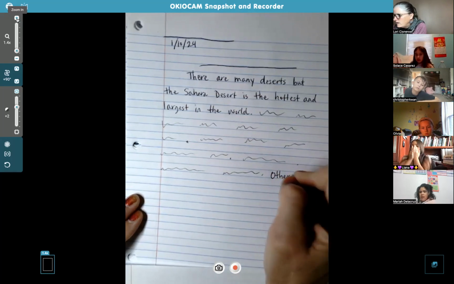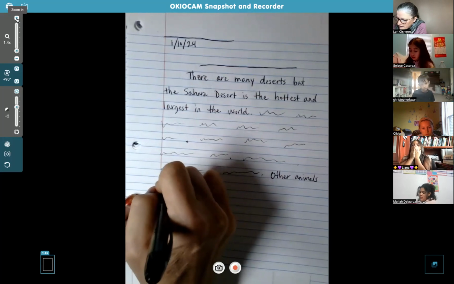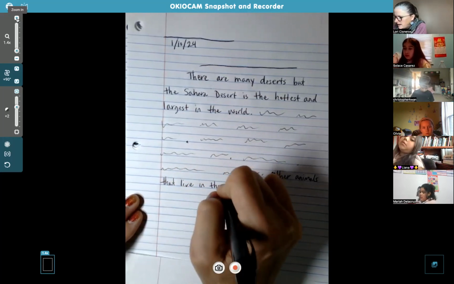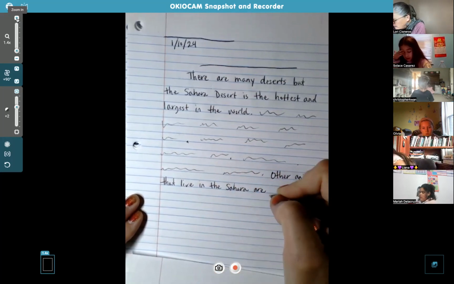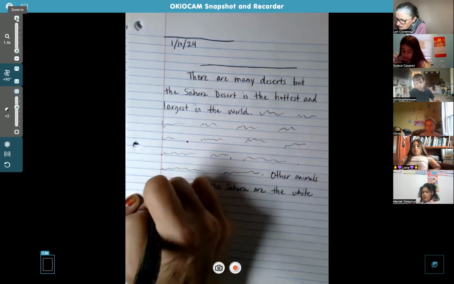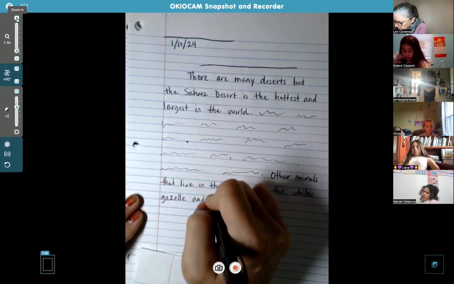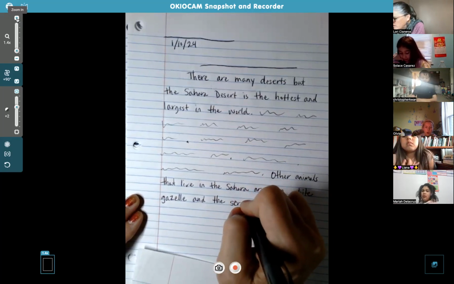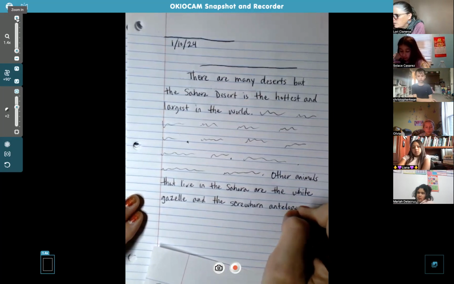Other animals that live in the Sahara are the white gazelle and the screwhorn antelope.